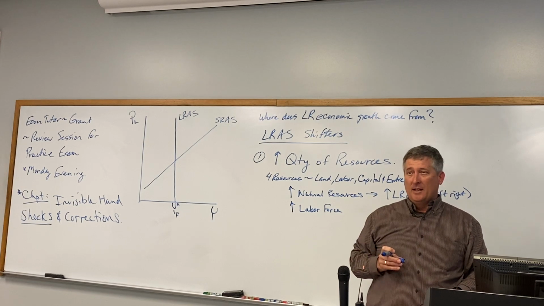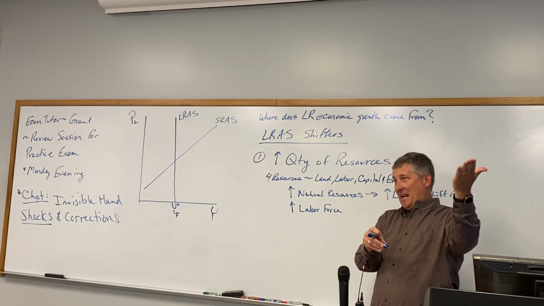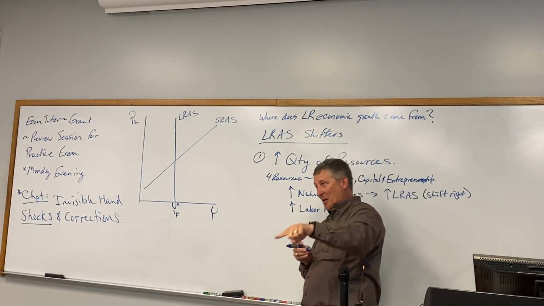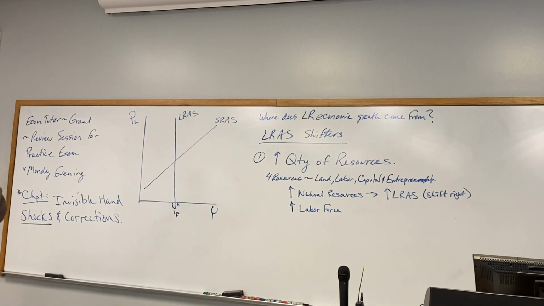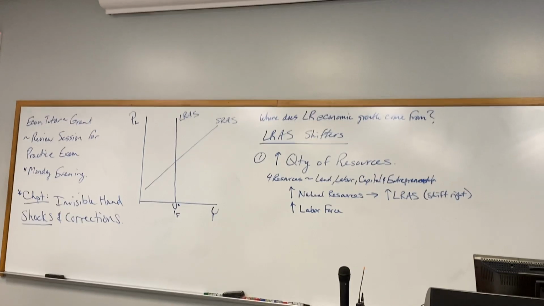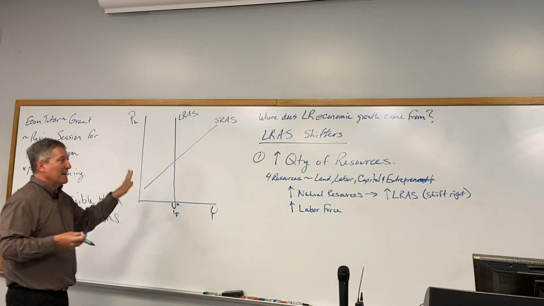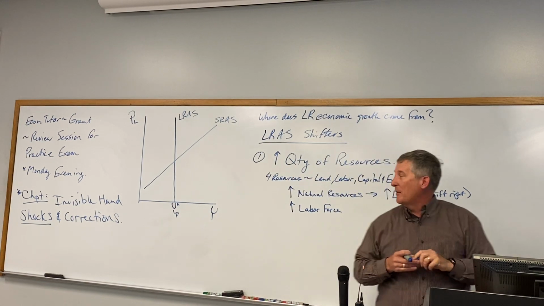Madison? Looking for work. Looking for work, but what are they? Can't find a job. What do we call those people? Unemployed. And then who else is in the labor force? The unemployed, the number of people unemployed plus the number of people employed. Yeah, right? So it's the number of people working plus the number of people not working but looking. So that was our labor force.